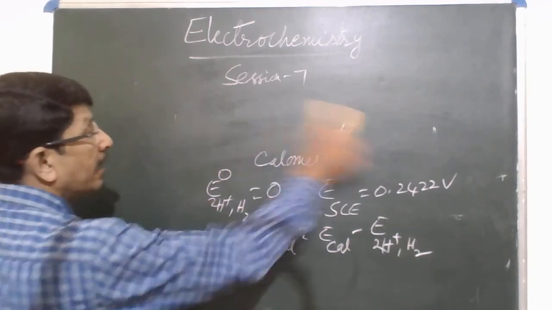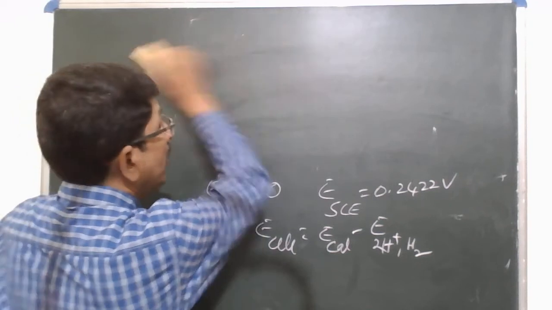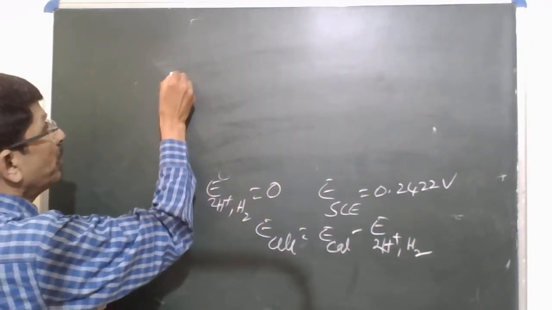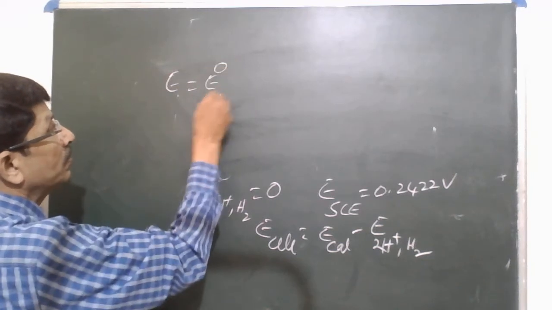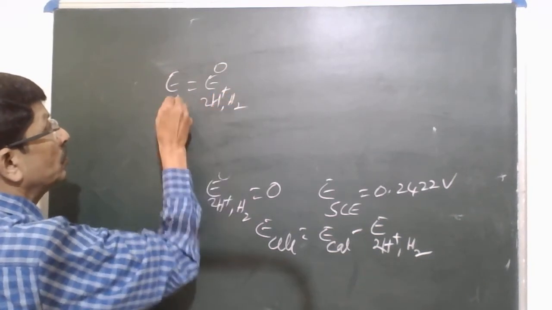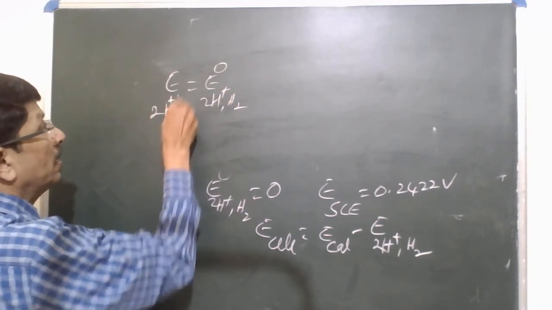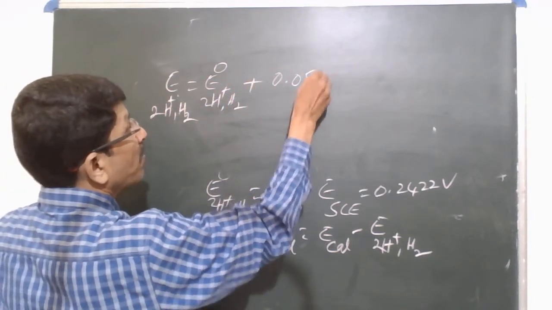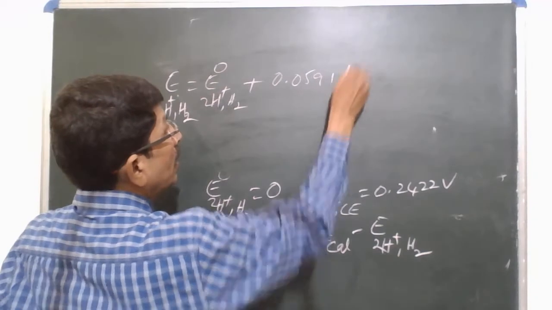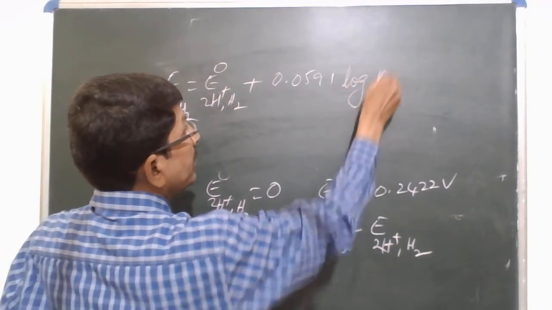Right, and the electrode potential of hydrogen gas electrode is given by E naught plus 0.0591 log H plus, isn't it?